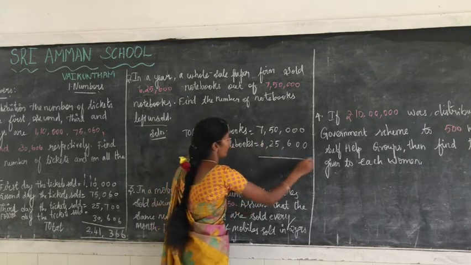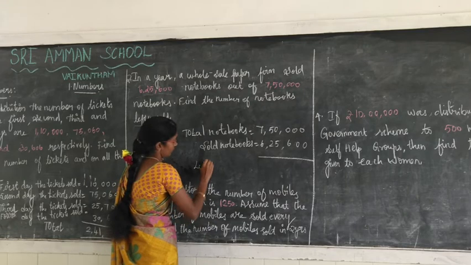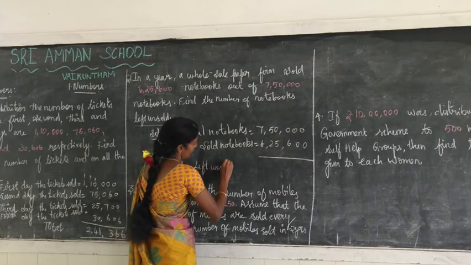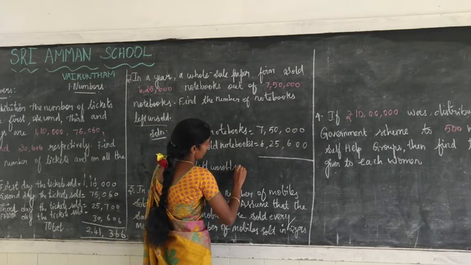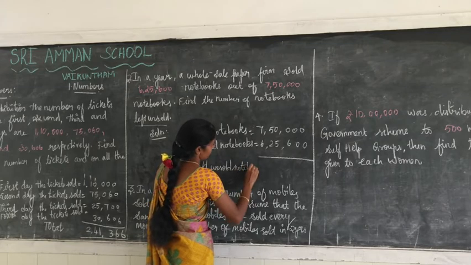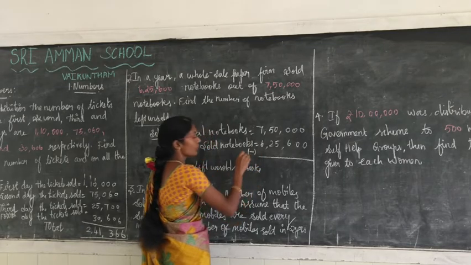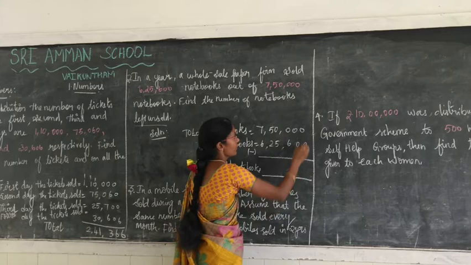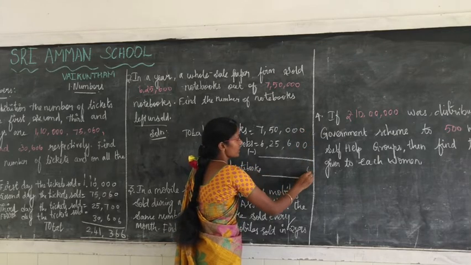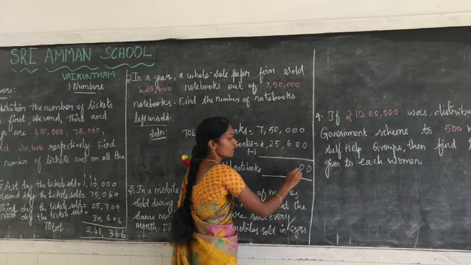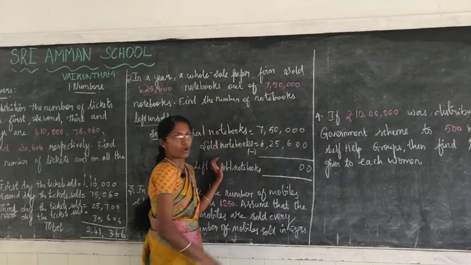What do we have to do here for the left unsold notebooks? We have to subtract. So 0 minus 0, 0. 0 minus 0, 0. 0 minus 6.